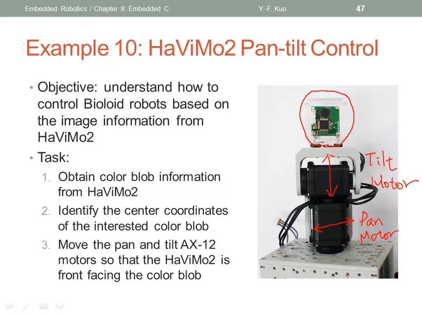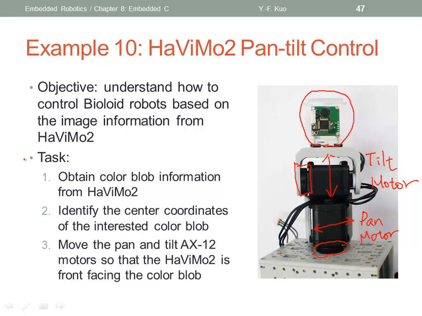Be careful about the setup. See that the shaft of the pan motor is down, and the shaft of the tilt motor is on the left. You have to set this up right, or the example code will not work for you.